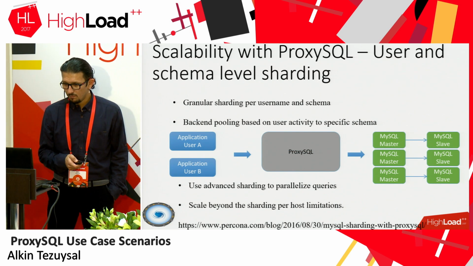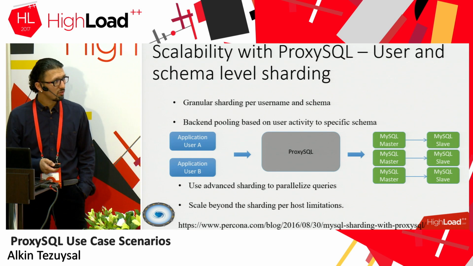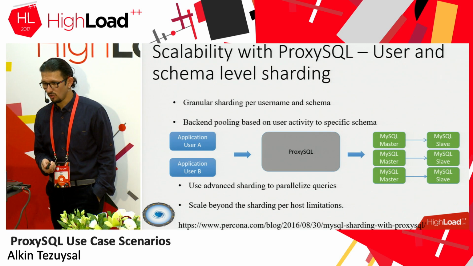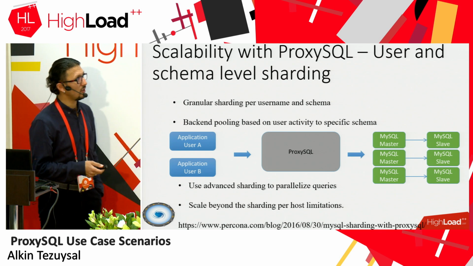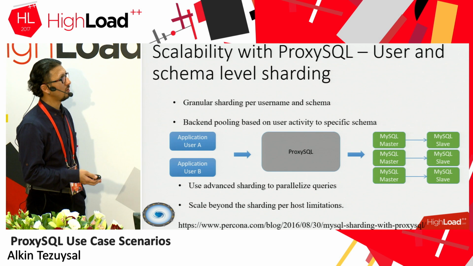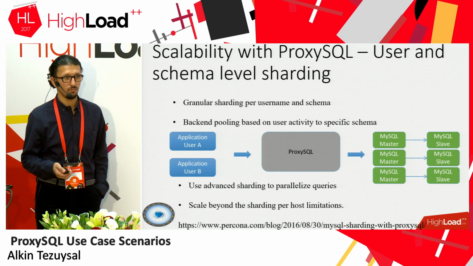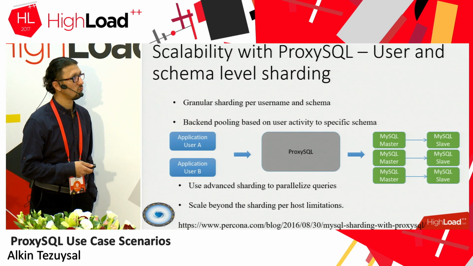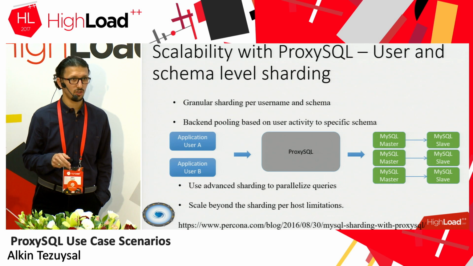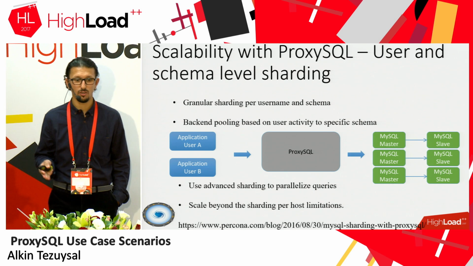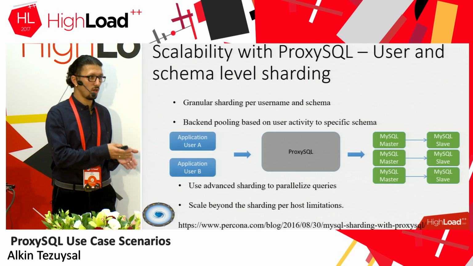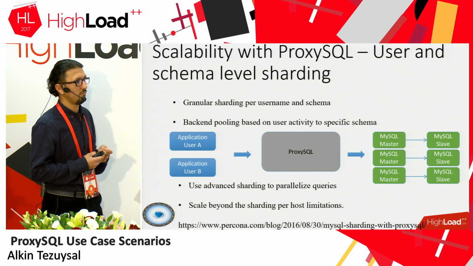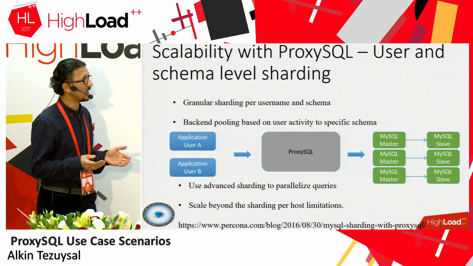Okay, we spoke about sharding a little bit. Sharding is not a very basic thing. But the idea here is, can I shard per username or per schema to distribute the workload differently than the traditional sharding? Because with traditional sharding, you have to split your workload based on the hardware and on some criteria, it could be customer ID, or it could be date time.